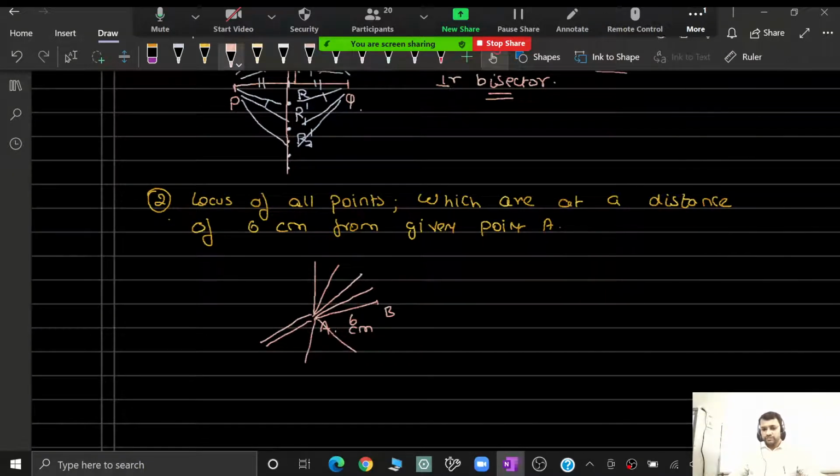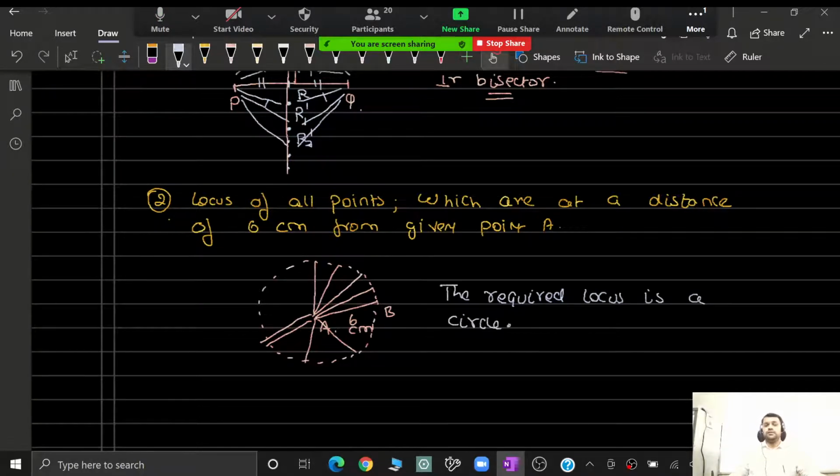So when I join all these points, we get a geometrical figure of a circle. On joining all these points, when the figure looks like a circle, my conclusion will be that the required locus is a circle.